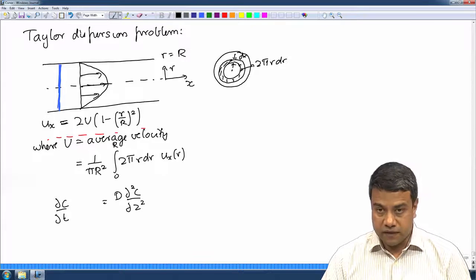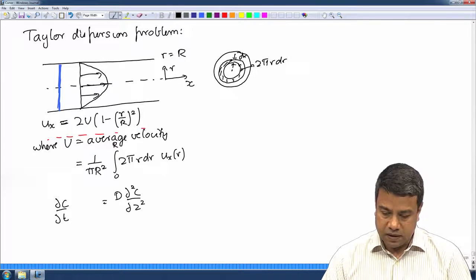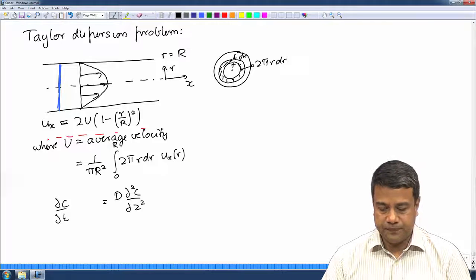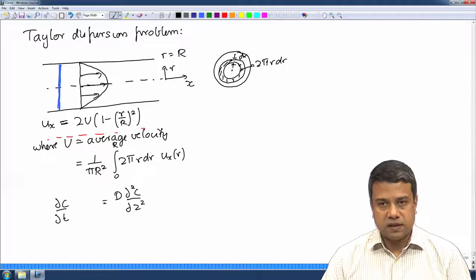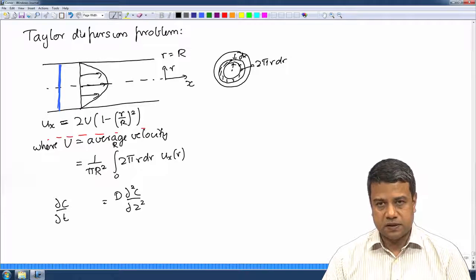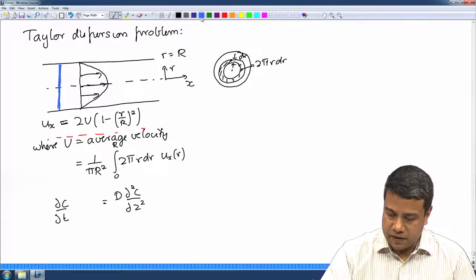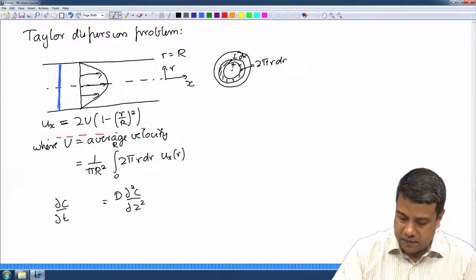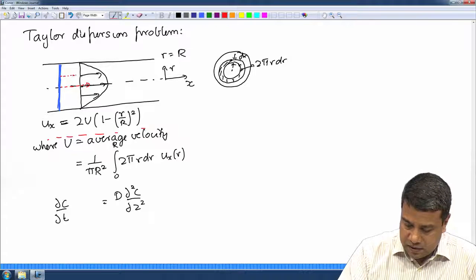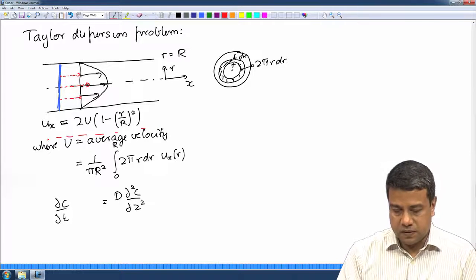However, we do have convection here. The concentration is also convected as it goes downstream. That convection is happening at different rates at different radial positions. The convection along the center of the pipe is happening much faster. The convection in other regions happens slower.